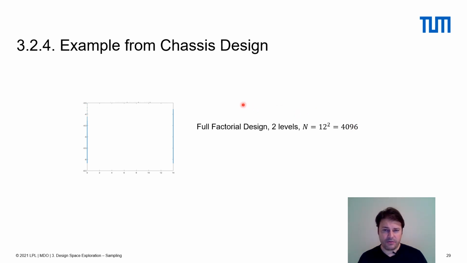And so you have 4 times the effort and have much less information. So you don't see anything of what's happening in between. And therefore, in this case, with 12 design variables, the random sampling would be preferable.